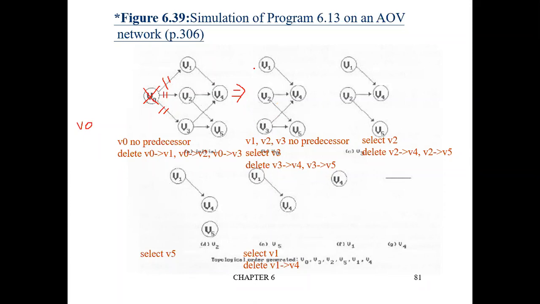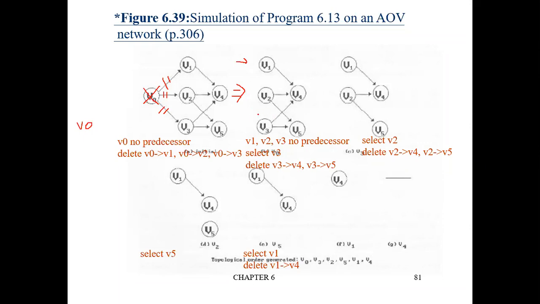This is one peculiarity of topological sorting. The output sequence need not be one common sequence; it may vary. Please note down this point. So we can pick any vertex whose in degree is 0: either V1, V2 or V3.